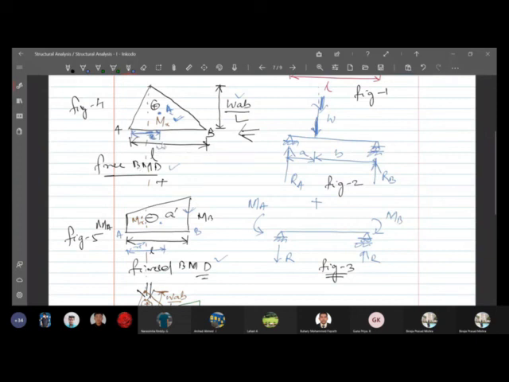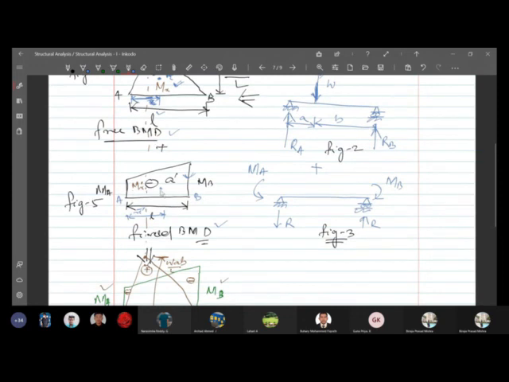What is the value of this centroid? L plus A by 3. And what is the value of this x bar dash from A?